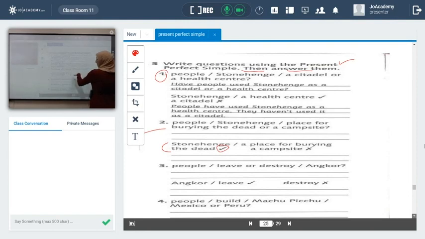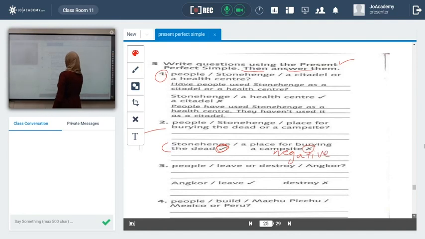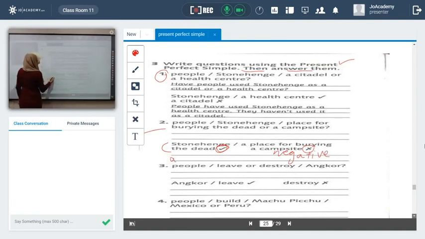Then we have a campsite. So a place for burying the dead is with a tick, and a campsite is with a cross. So this is going to be the negative sentence, and this is going to be the affirmative sentence.